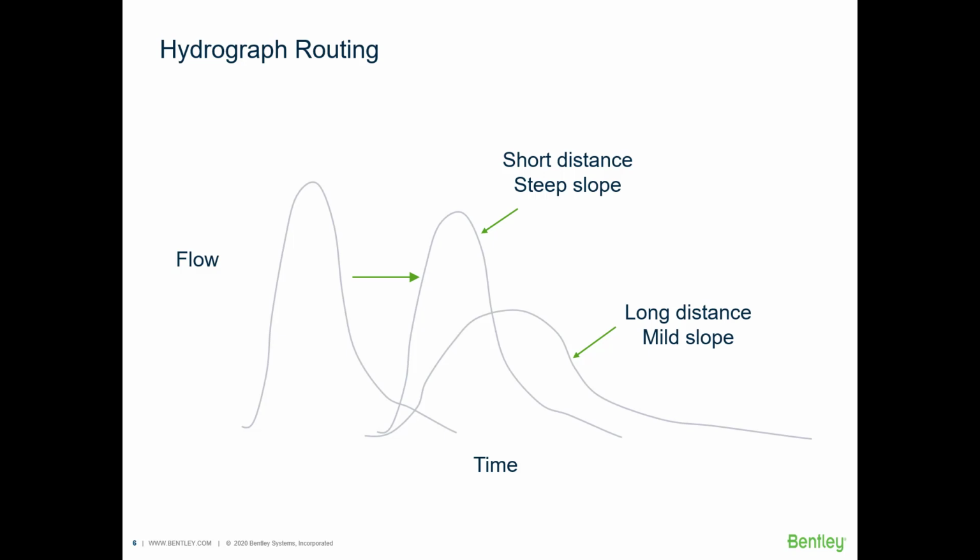Although most collection system design is based on steady state hydraulics, so typically you perform some peak flow calculations and you design your systems to be able to handle those peak flows, steady state hydraulics are very common in the design world.